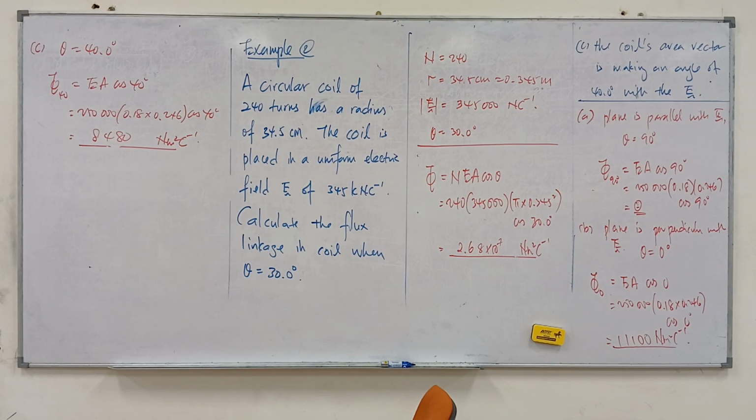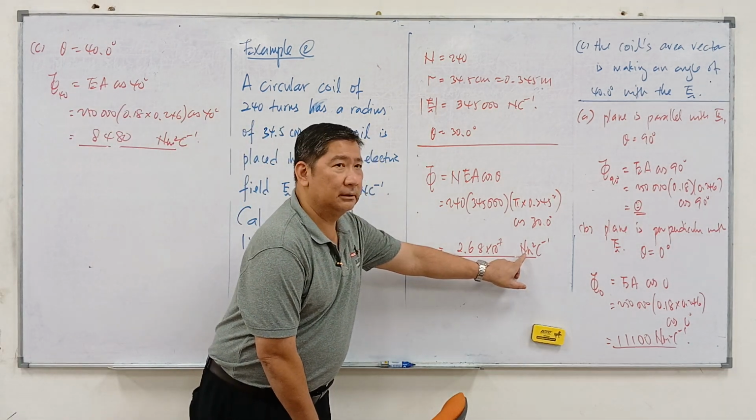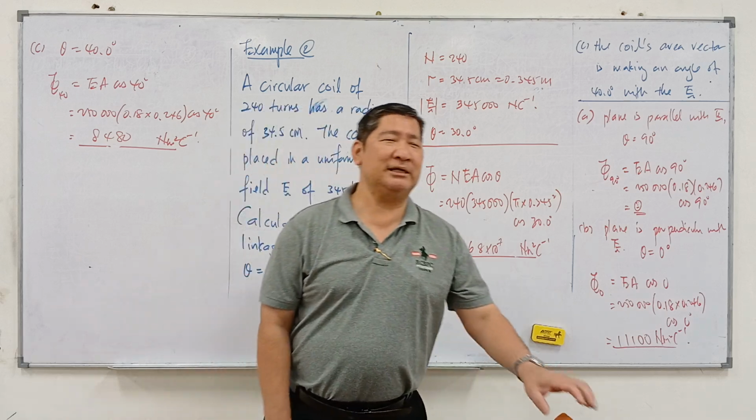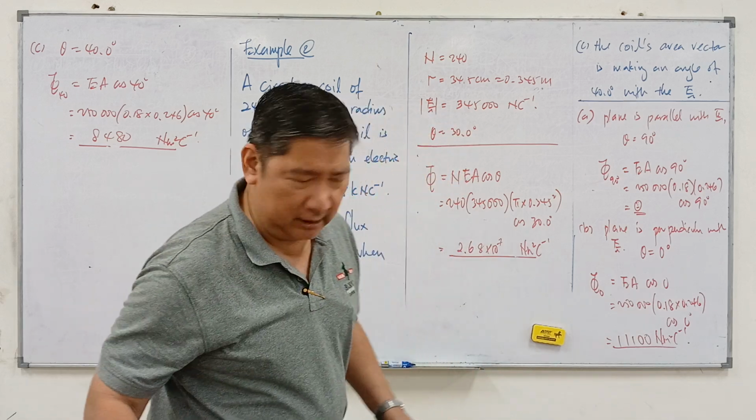Oh ya, sir, that is nanometer per second? Where is there nanometer? It is Newton meter square. Okay, you need to adjust your eyes. Okay, next one.